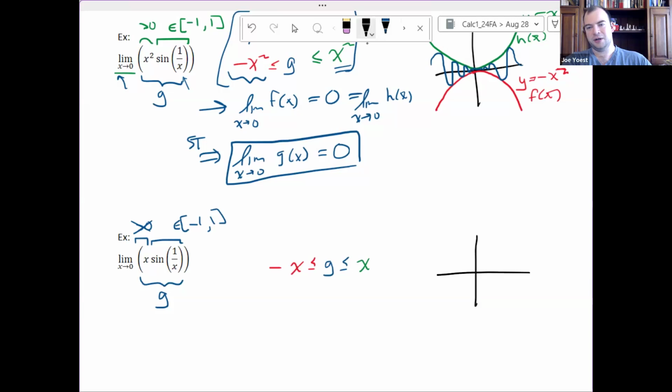What went wrong here? Or did something even go wrong? Well, positive x, y equals x, looks like this. This is what I'm claiming to be h. This is what I'm claiming to be my upper bound function everywhere.